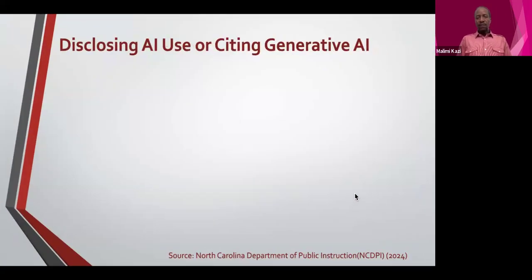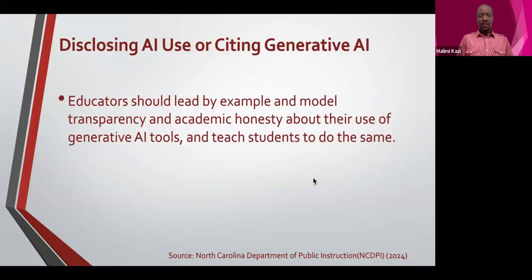Okay, now use of generative AI tools need to be disclosed. So educators should lead by example and model transparency and academic honesty about their use of generative AI tools. And teach students to do the same also.